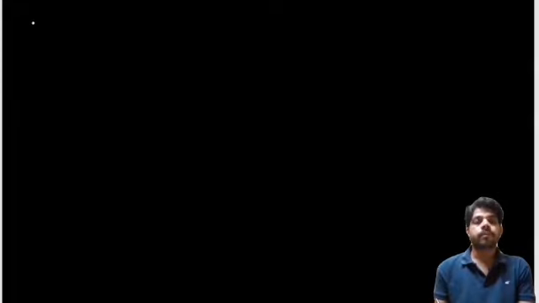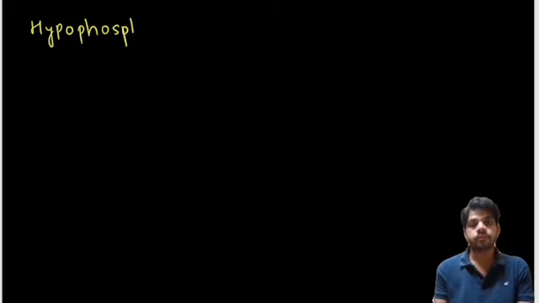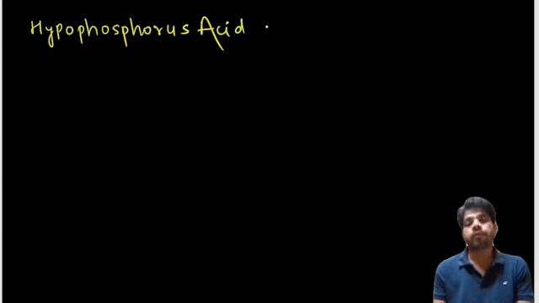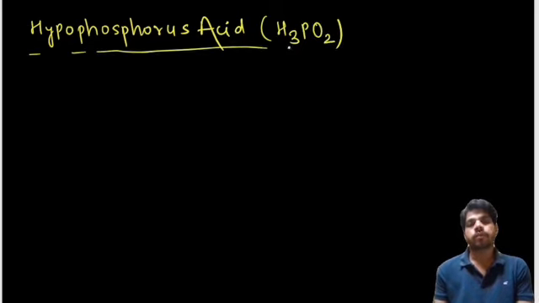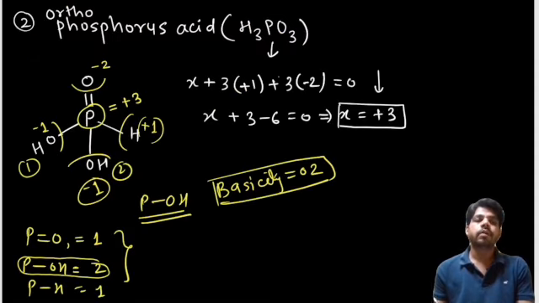One more interesting one we have got is hypophosphorus acid. The formula of hypophosphorus acid is H3PO2. What I did was simply reduce the number of oxygens in the formula.